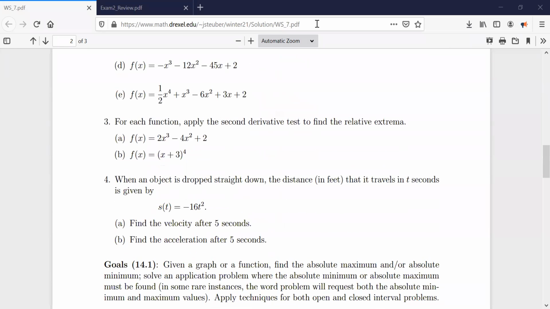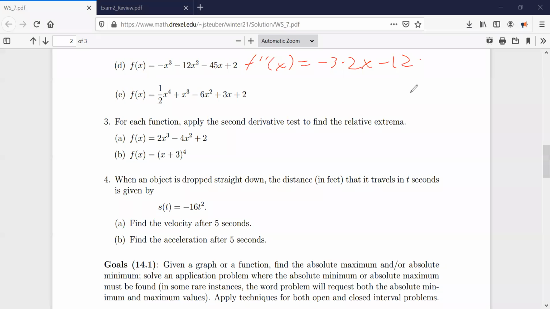Okay, so now when I'm dealing with the actual algebraic structure instead of the graph, I just do the second derivative. So here f double prime of x is going to be equal to negative 3 times 2 times x minus 12.